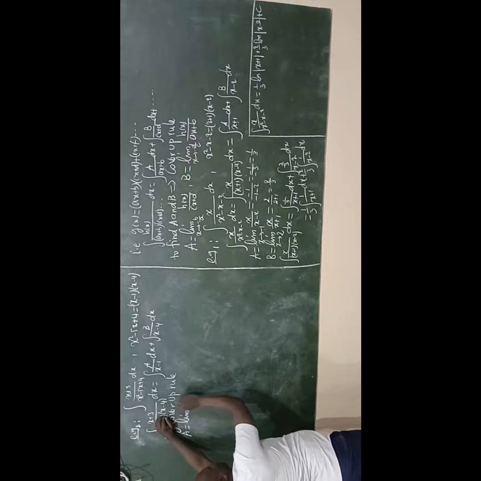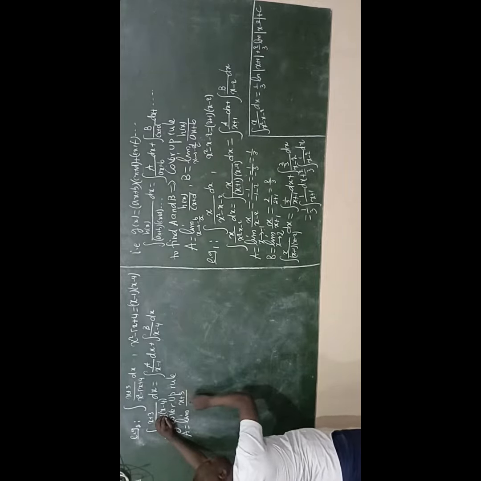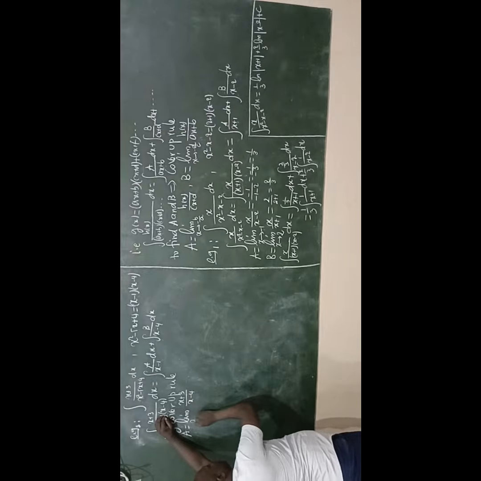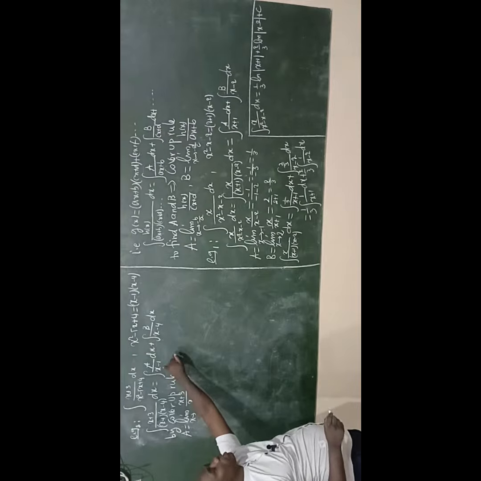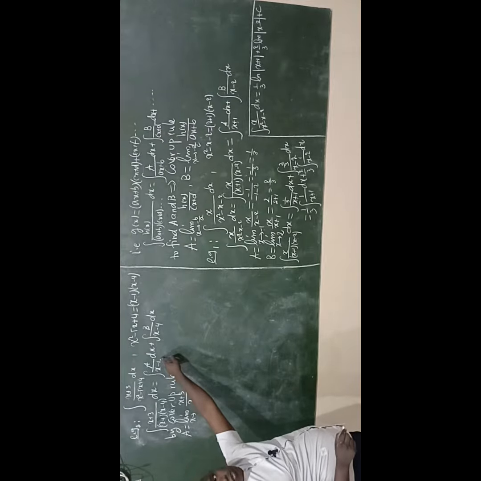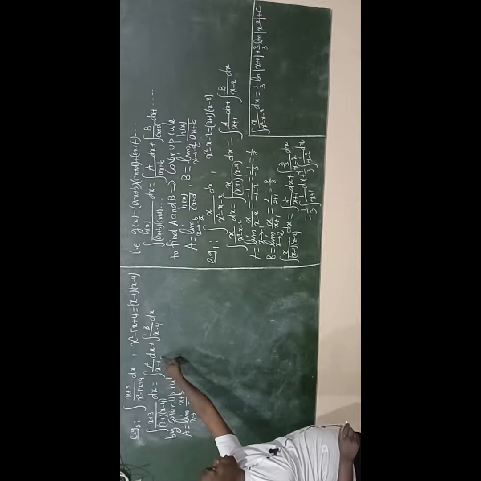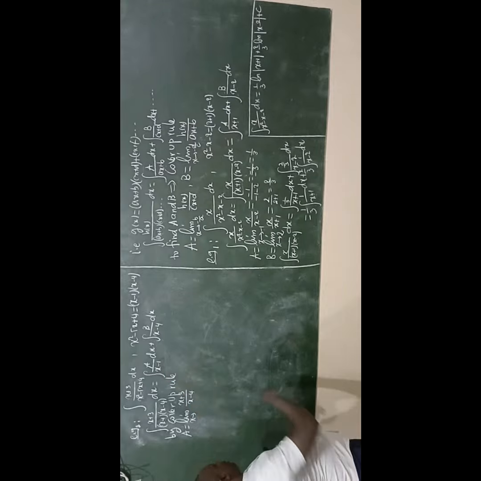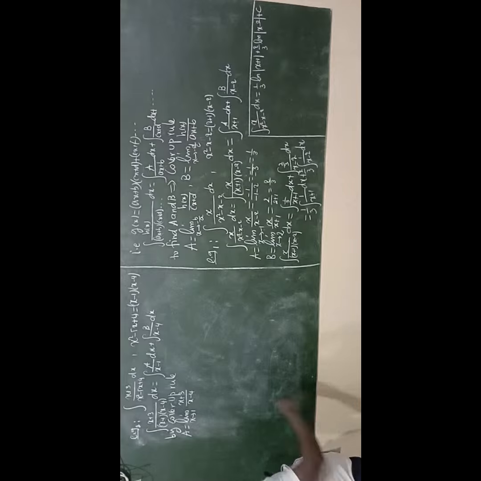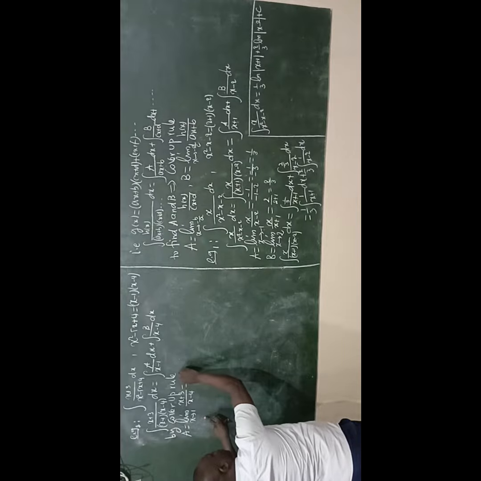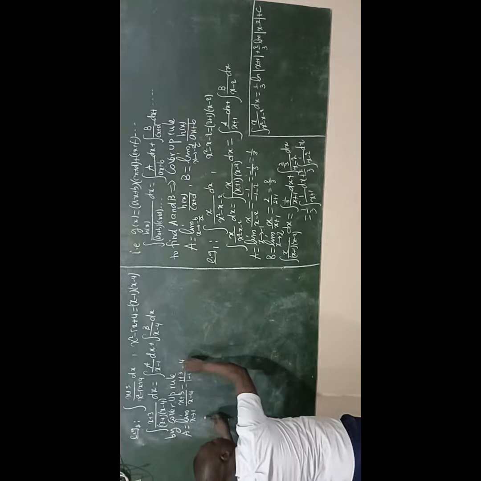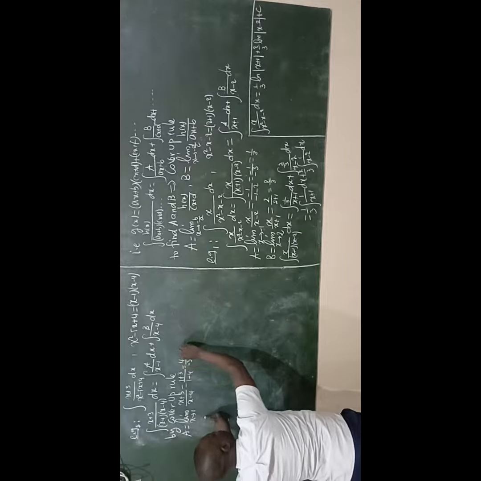We stay with x plus 3 by x minus 4, and x is approaching the value where x minus 1 equals 0, so x will be 1. By replacing x by 1, we have 1 plus 3 divided by 1 minus 4. This is 4 by minus 3, and it's minus 4 over 3.